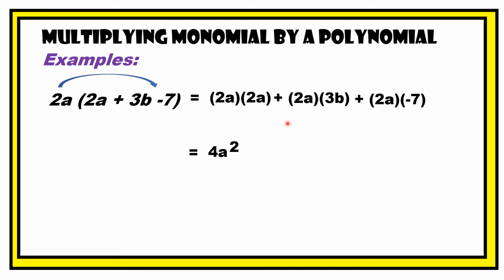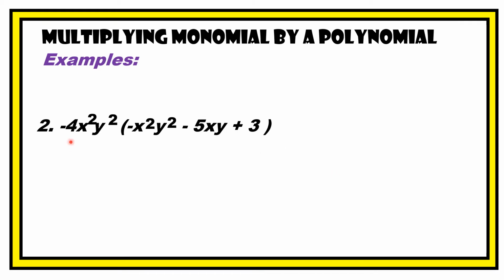So, we have 6. Then, a times b is ab. So, we have positive 6ab. Next is 2a times negative 7. Multiply natin 2 times negative 7. So, that is negative 14. Then, copy natin yung a. So, negative 14a. The final answer is 4a squared plus 6ab minus 14a.